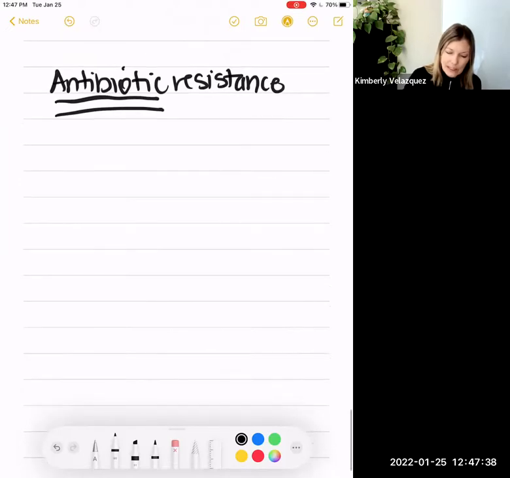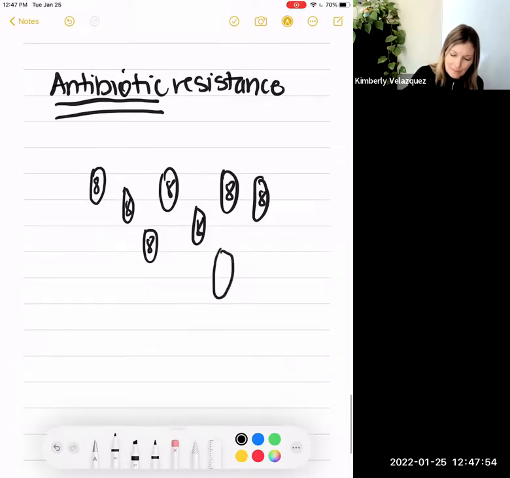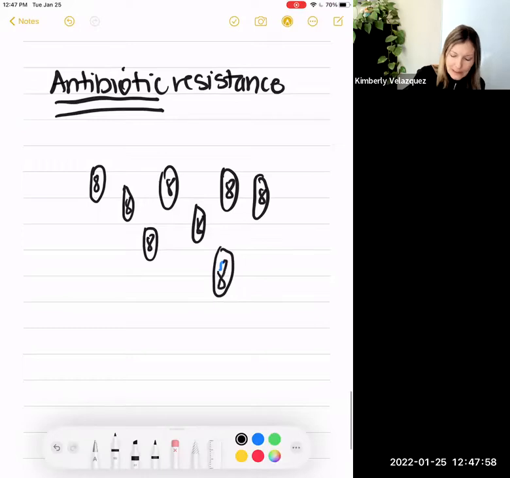Antibiotic resistance in bacteria. Let's say you have this population of bacteria. They're not intentionally different sizes. I'm just drawing them quickly. And this one has something in its DNA that's a little bit different.